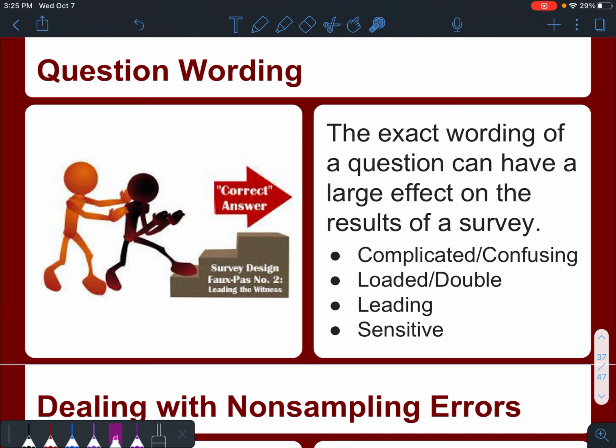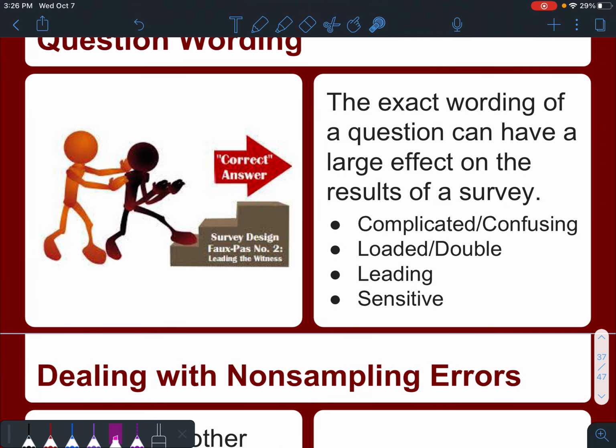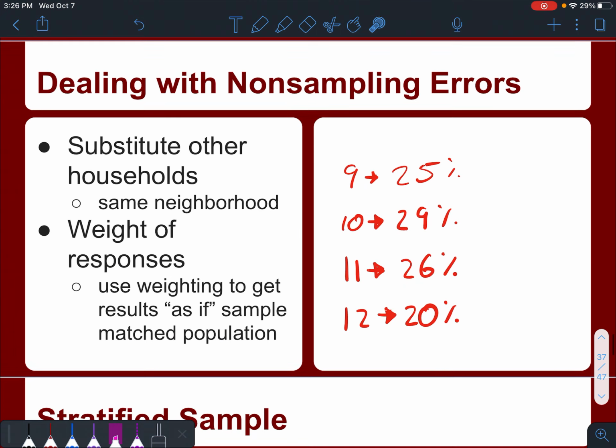So with question wording, you can see here we've got this orange person trying to coax the correct answer out of that person there by wording the question in a certain way or having certain surveyor characteristics that we have there.